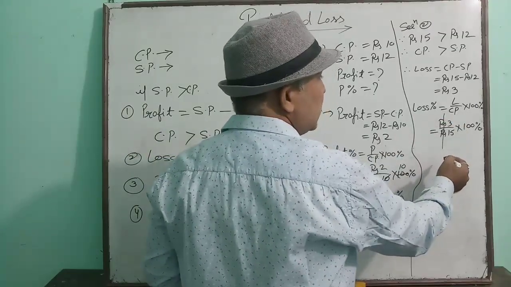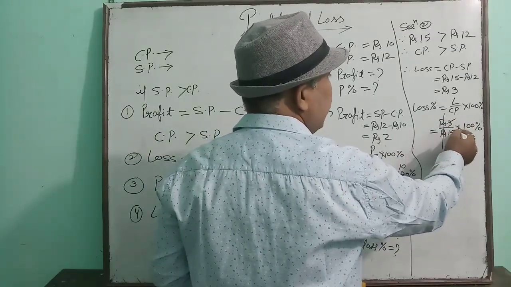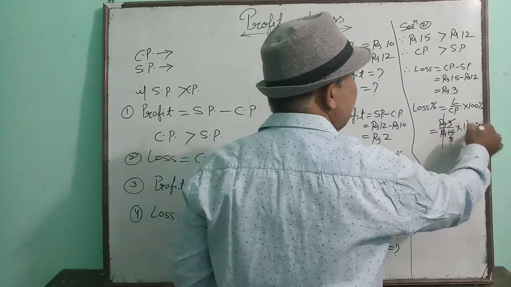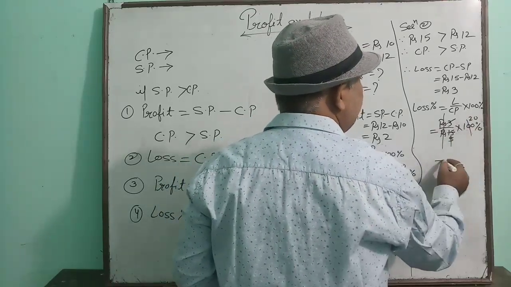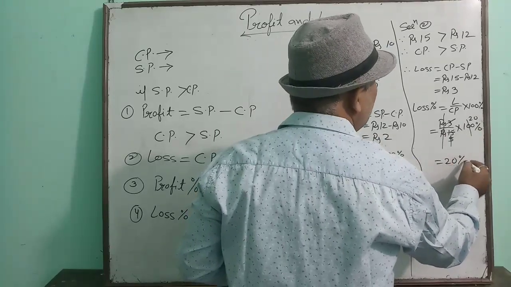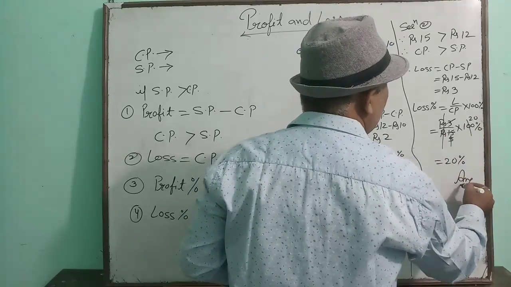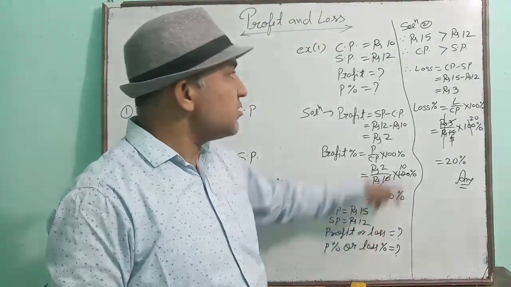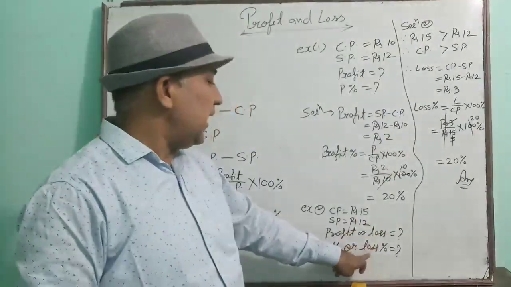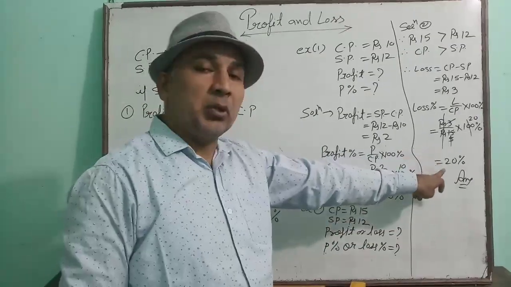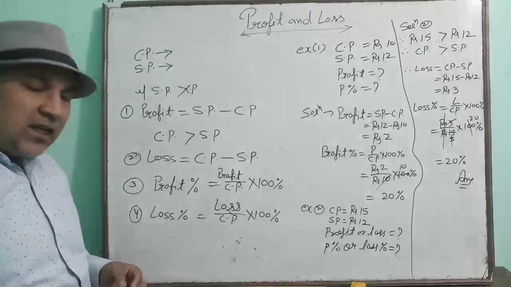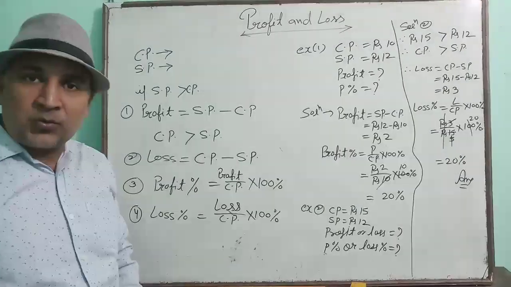Both the rupees units are cancelling. 3 divides 15 five times and 5 divides 100 twenty times. That means in the second transaction there is a loss of 3 rupees and loss percent is 20%. Understood? Now note down these things so that we can do some more questions.